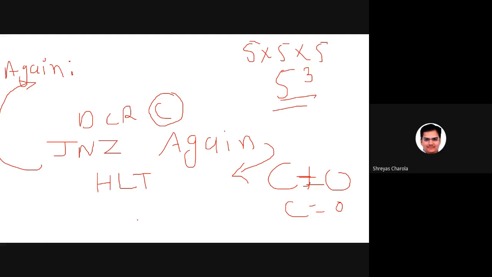Clear? Do you know about the zero flag? Yes sir. Whenever you have value 5, you go on decrementing that value: 4, 3, 2, 1, and then it will come to 0.